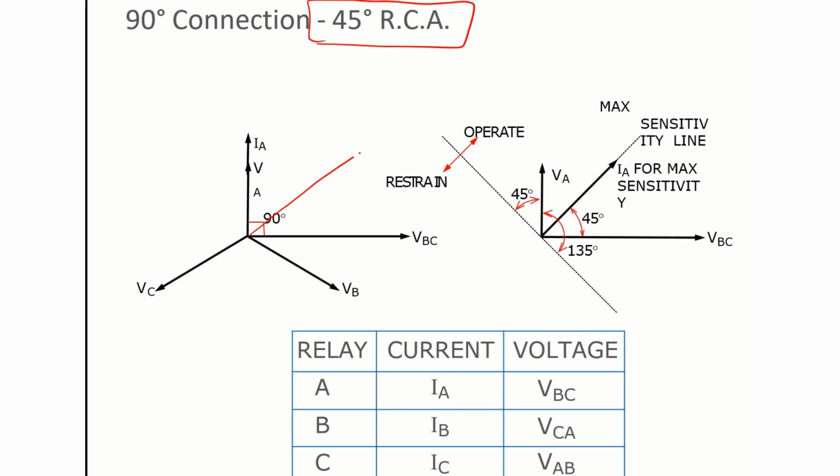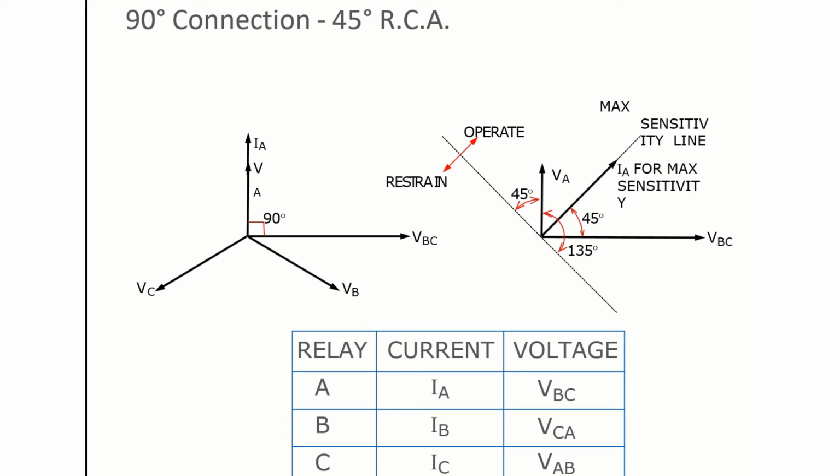I can say this, or someone can say this. If for them the reference for minus 45 is VBC, then it is minus 45 from there. If I am assuming minus 45 from this A phase voltage, then this is minus 45. So generally, whatever RCA angle we are going to say, that RCA angle is with reference to some reference voltage.